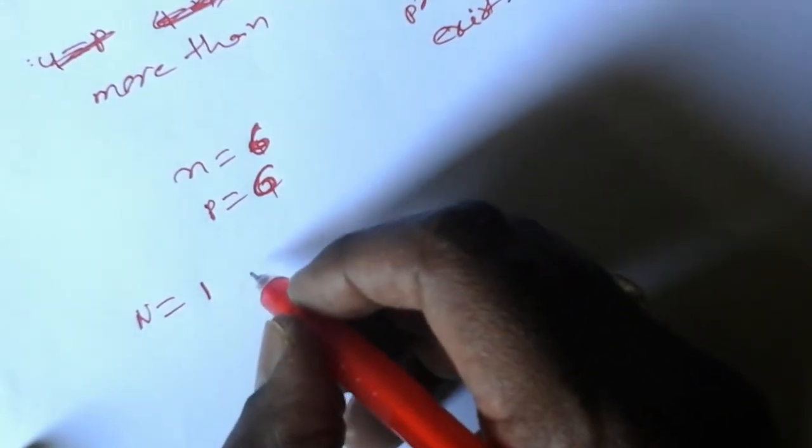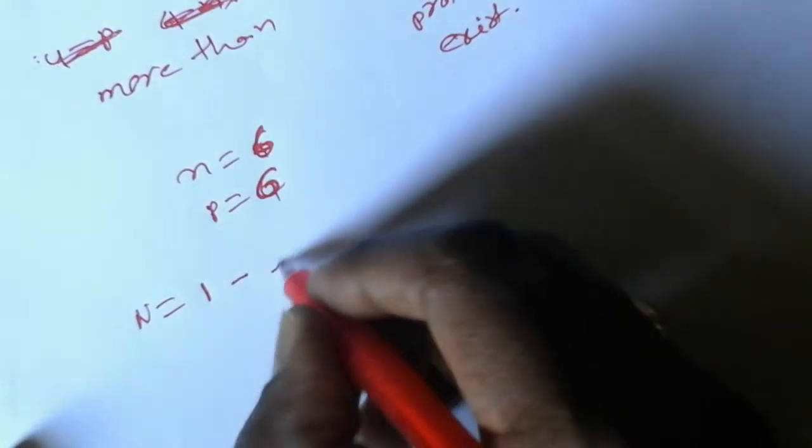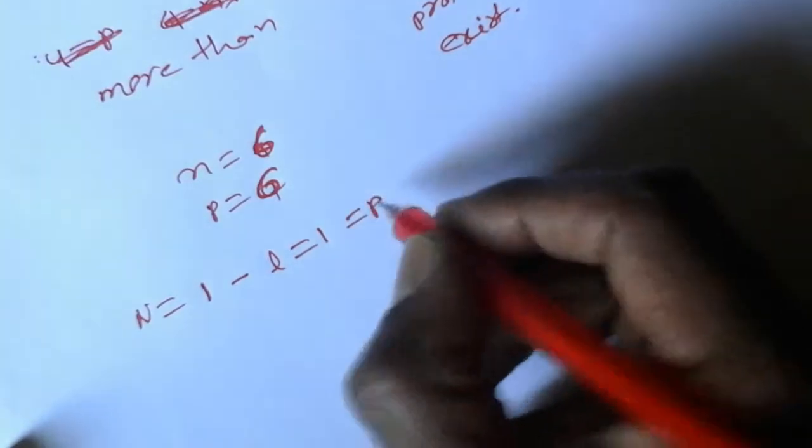So n is equal to 1 means l is equal to 1, which is p.